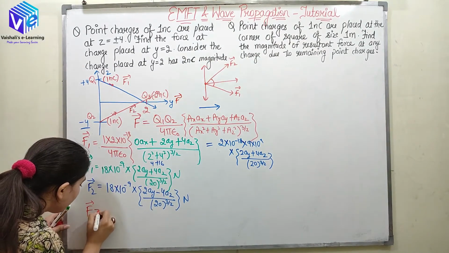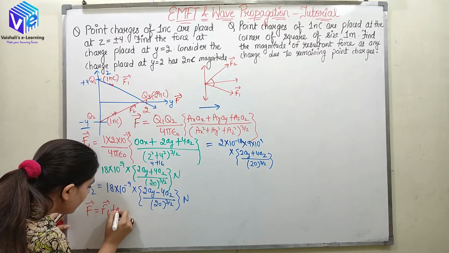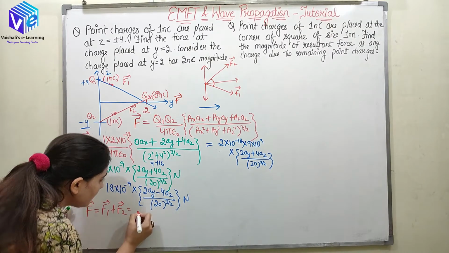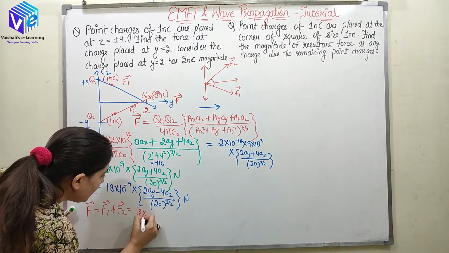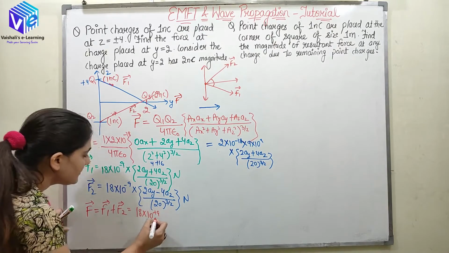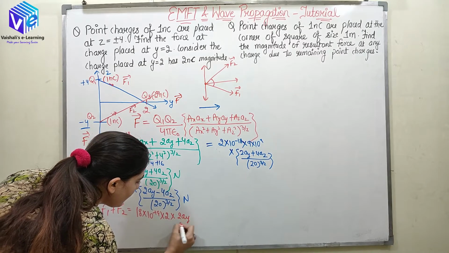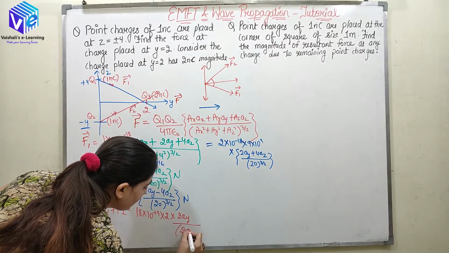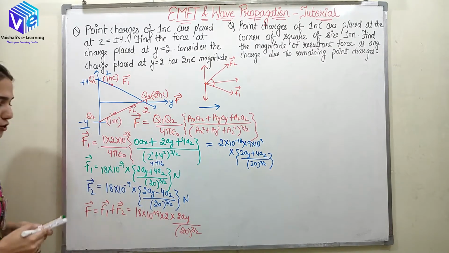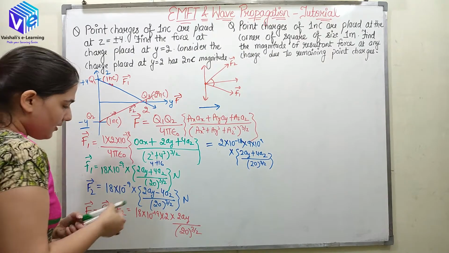So F as a vector is F1 vector plus F2 vector, which is equal to 18 into 10 raised to power minus 9 into 2 into 2ay upon 20 raised to power 3 by 2. How did it come?